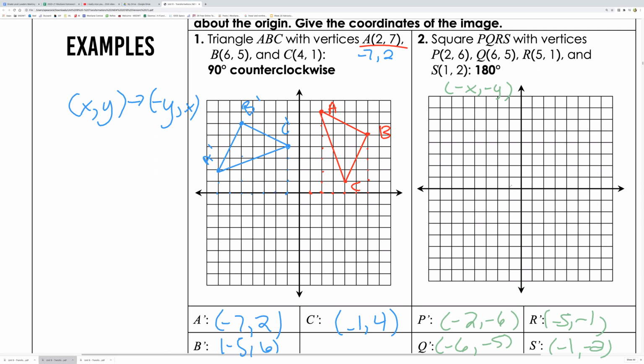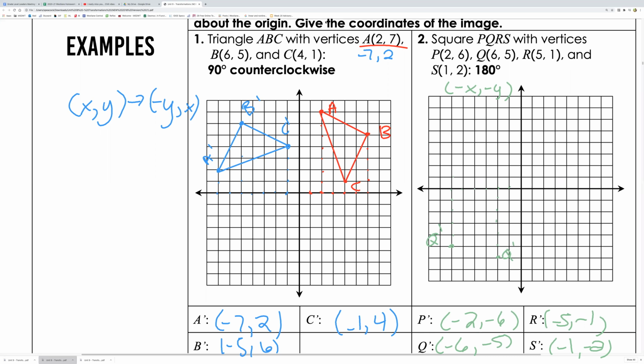Let's plot that. 1, 2, 3, 4, 5, 6. 1, 1, 2, 3, 4, 5. Put a dot. So that was Q. I don't know why I didn't do P first. So do 1, 2, 1, 2, 3, 4, 5, 6. It's going to be P prime.